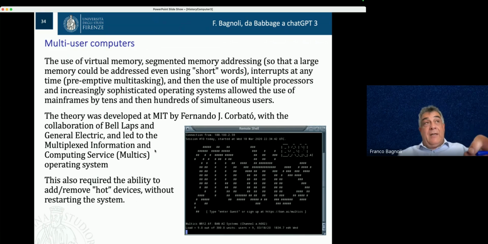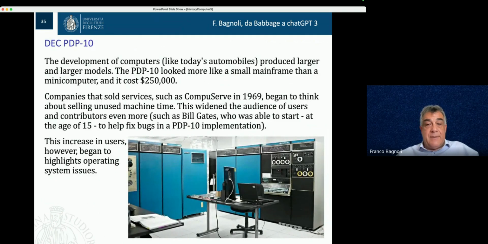Still at the level of minicomputers, these took a lot of time to be ported to home computers. And also, clearly, the idea of being able to remove a hard disk without restarting the system. And the top of all of this was essentially the DEC PDP-10, which was really the standard of computers.